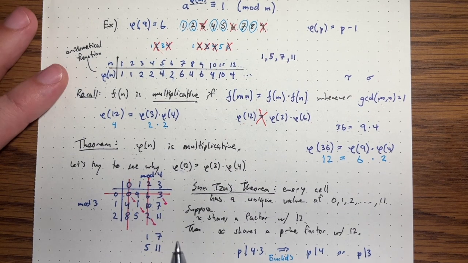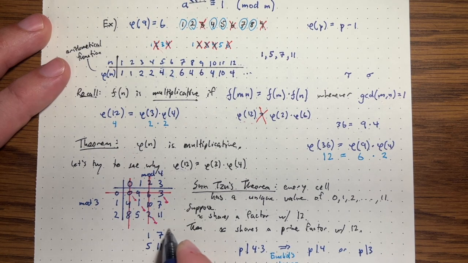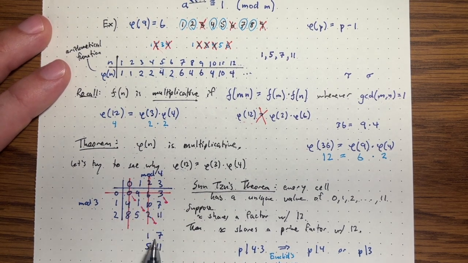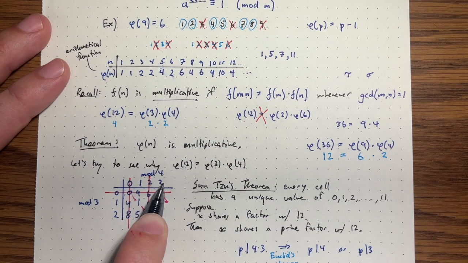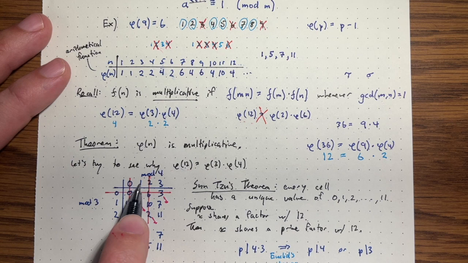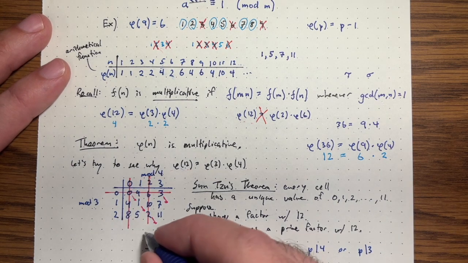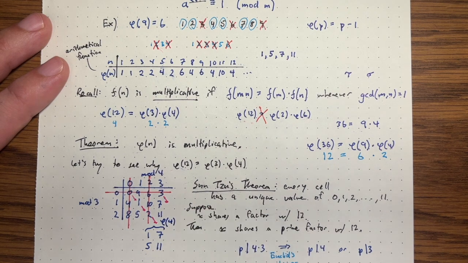And what's left? So, what are the dimensions of this square? It's 2 by 2. And why is it 2 by 2? Well, this 2 here came from the things less than 4 that do not share a factor with 4. In other words, phi of 4. That dimension is actually phi of 4, which is 2.